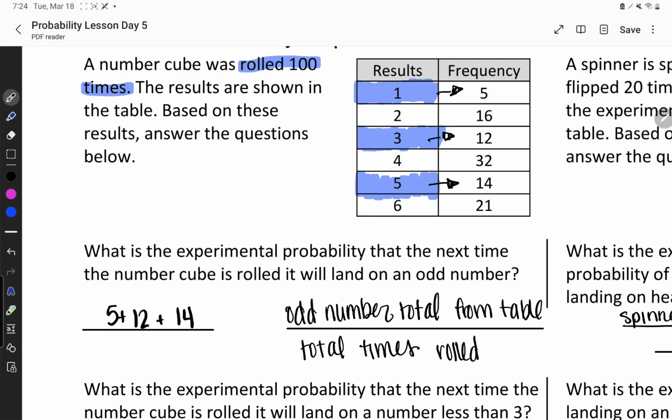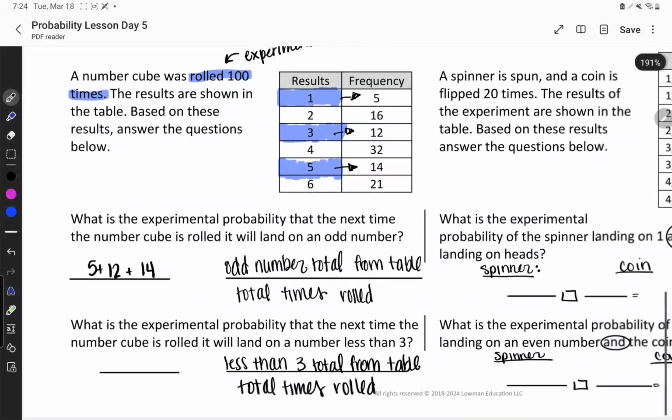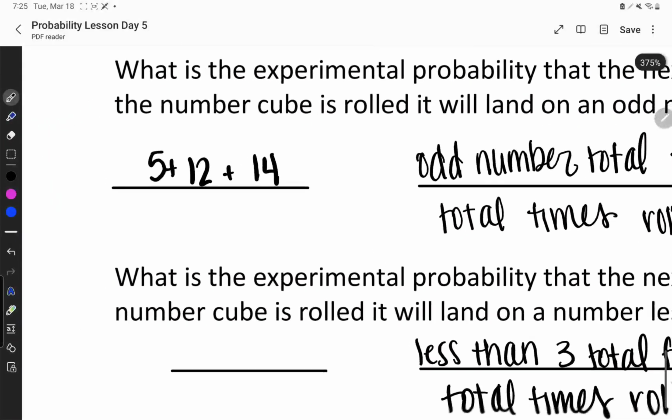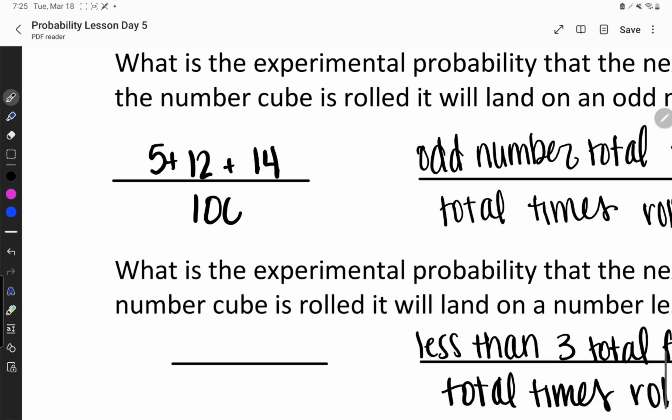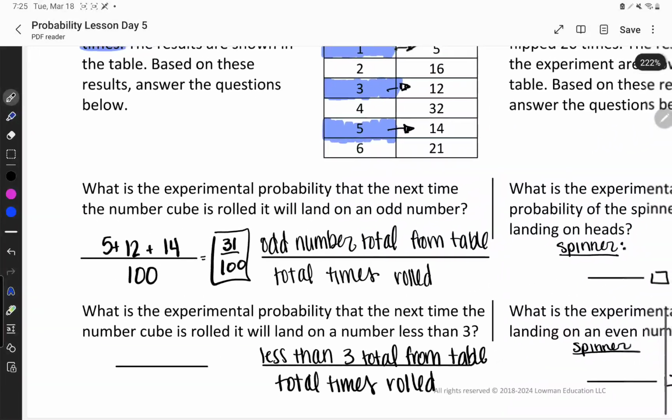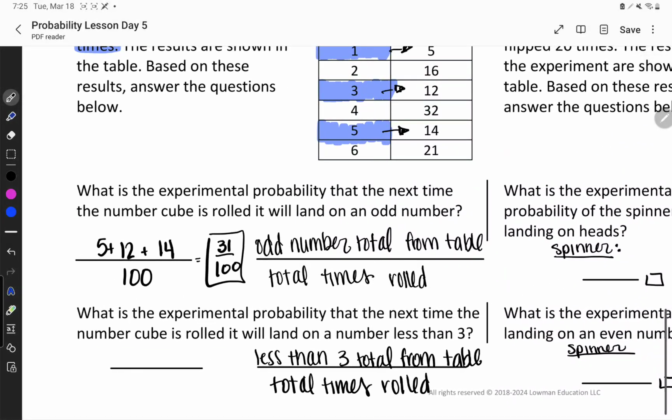So experimentally, that's how many odd numbers I got. And the denominator is going to be the total number of times that you perform that experiment. So the total number of times we performed that experiment was 100. Then we're just going to combine all of it together. So 5 plus 12 is 17, and 17 plus 14 is 31. So there's a 31 out of 100 probability that the next time we will get an odd number.